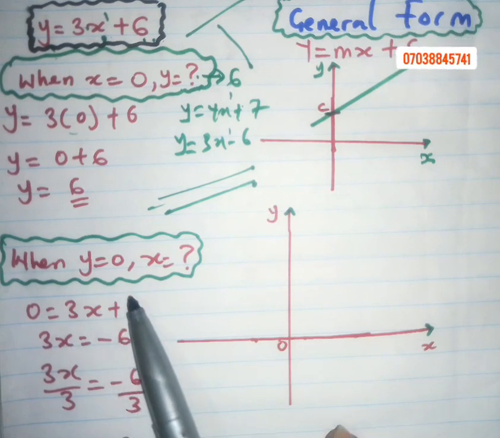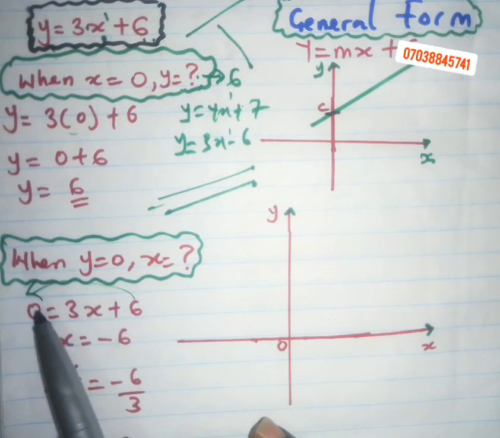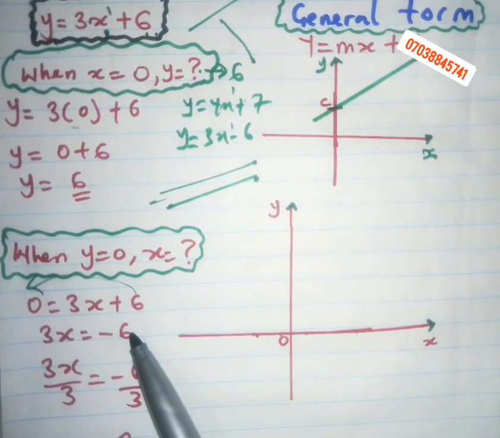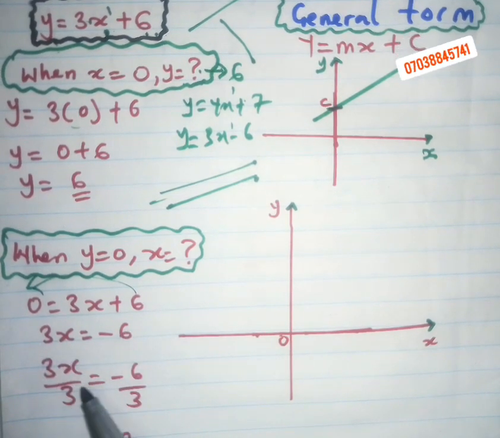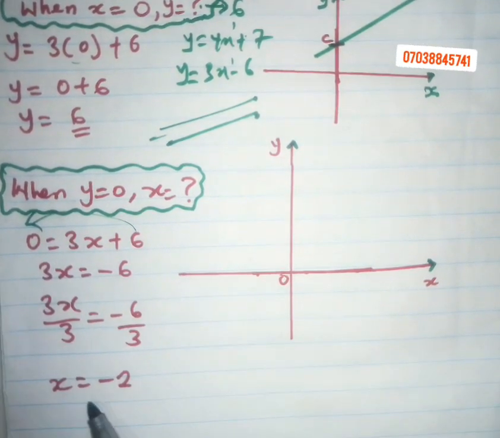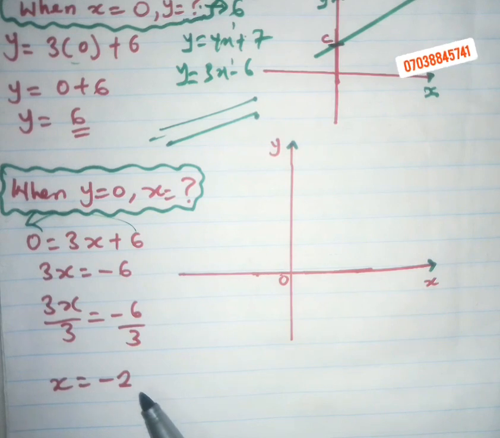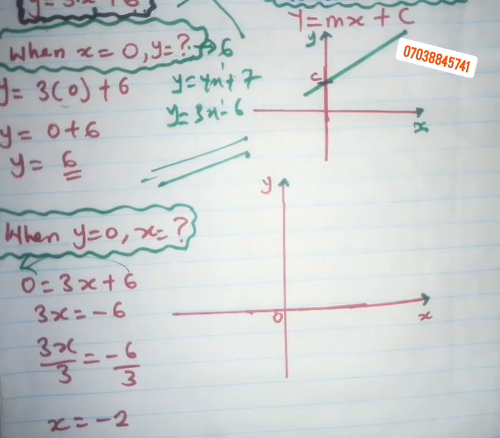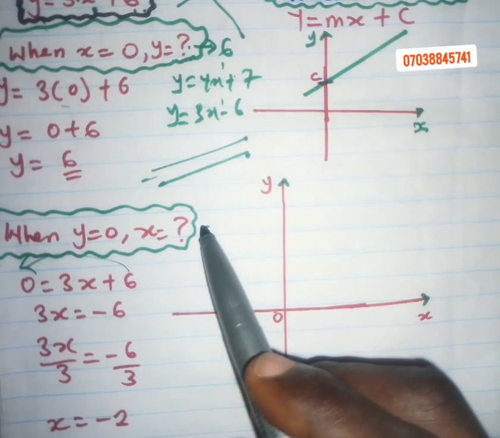Then you bring this 6 to this side, it becomes negative. So you have 3x equals minus 6. Then you divide both sides by 3. That will give you x equals minus 2. So the value of x is minus 2 when y is 0. Now we have gotten 2 values here.